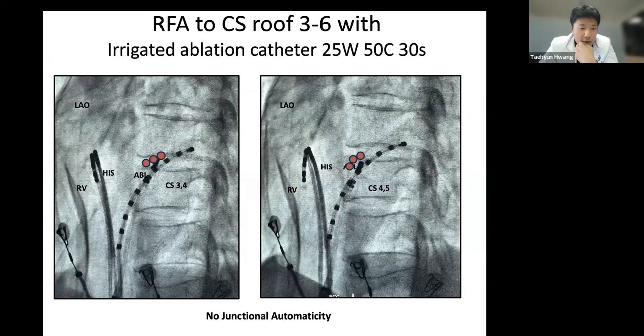The initial CS 5, 6, and 7, 8 was the earliest during the V pacing and retrograde, but I think there was movement of this diagnostic catheter. So okay, it would be better if you can show us the ablation of this with the EGM. Yeah, maybe.